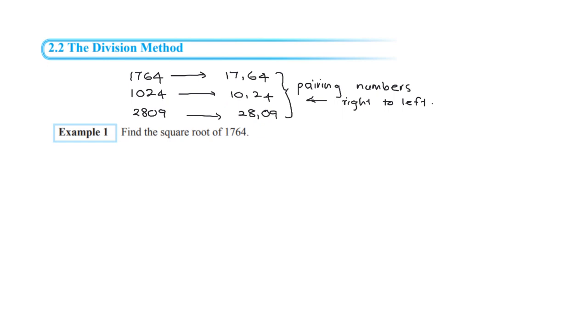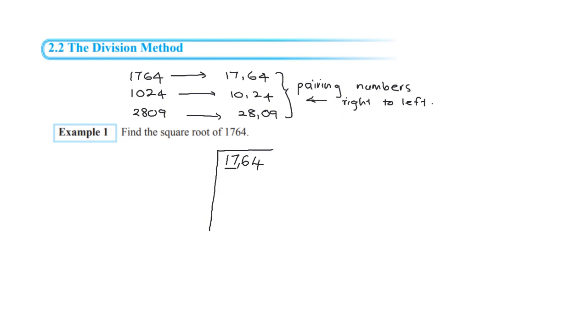Example 1. Find the square root of 1764. What is our first step? We have to pair this number, 64. I put a comma there. Then we have to check the closest square number for 17.